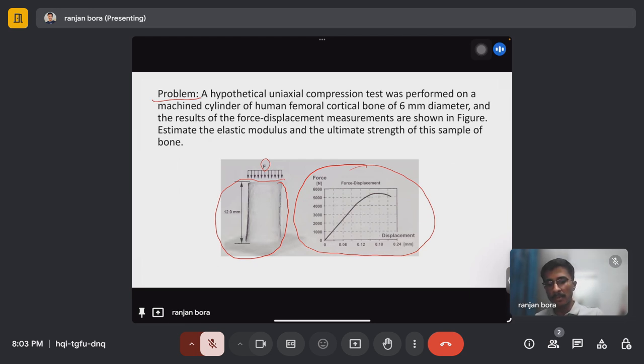In the question we need to evaluate the elastic modulus and ultimate strength. Elastic modulus is nothing but the slope of the linear segment of the stress strain plot. So we need to determine the slope from this plot, and the ultimate strength is the maximum stress a material can withstand. So this force displacement diagram we need to convert to a stress and strain diagram.